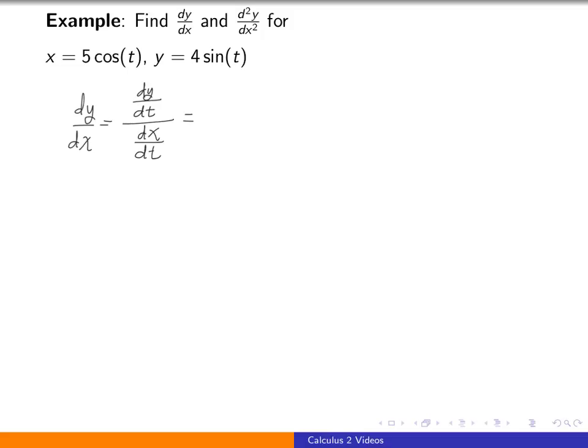And looking above, we have y is equal to 4 sine t. The derivative of 4 sine t with respect to t would be 4 cosine t. For dx dt, we have x is 5 cosine t, so its derivative with respect to t would be minus 5 sine of t. So this leaves us with minus 4/5, and cosine over sine is cotangent. So cotangent of t.